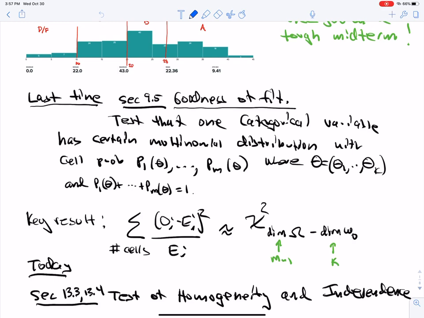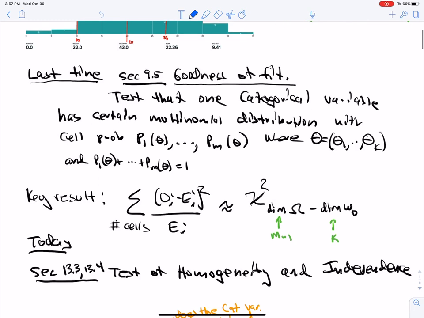Theta can have k components, and our key result is that the Pearson chi-squared test statistic is a chi-squared of dimension m-1-k.